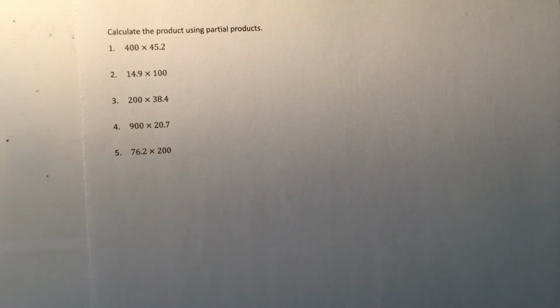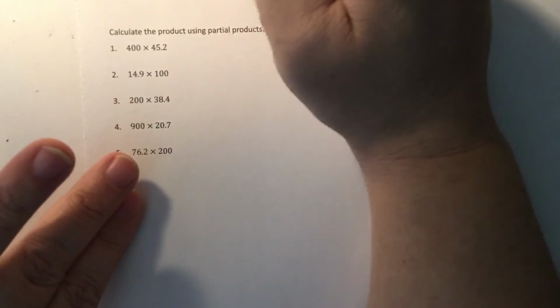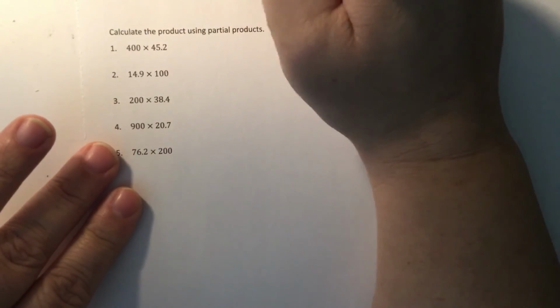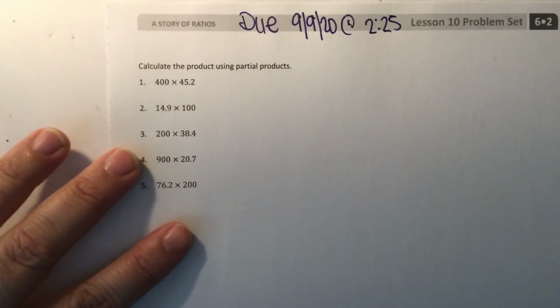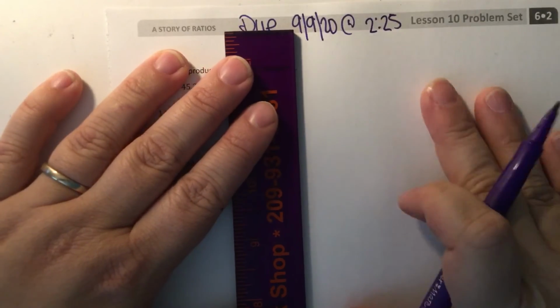Okay. So, you're going to do all of them. All 5. And honestly, just section off your paper. So this will be due today, okay? So if I do this, I can just make a line, right?